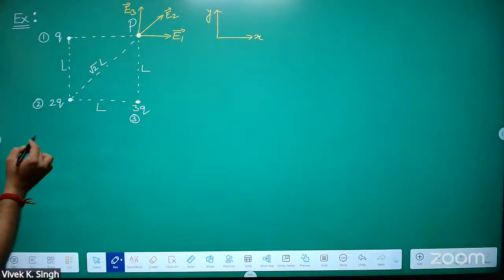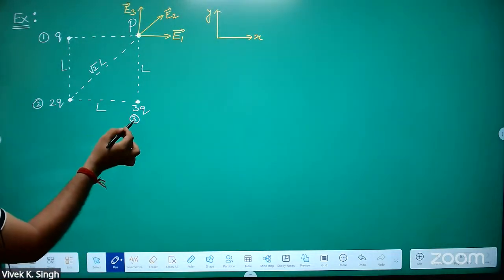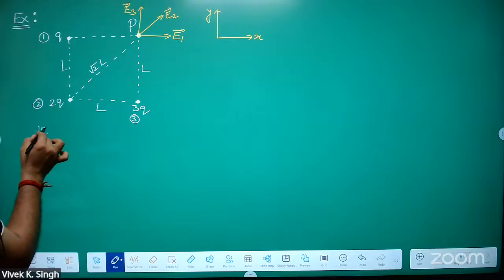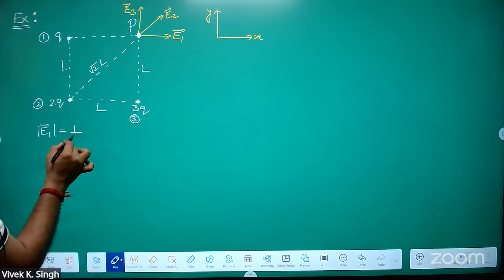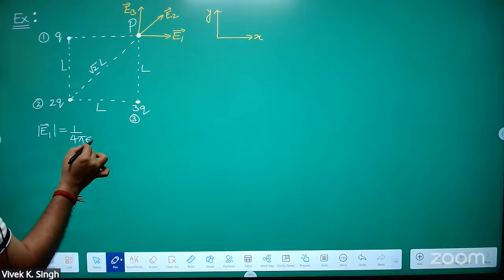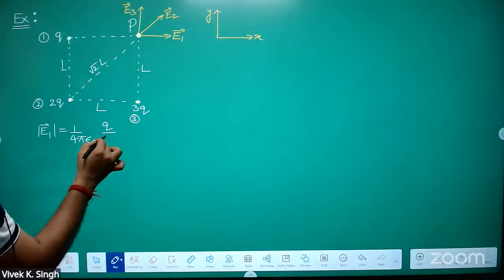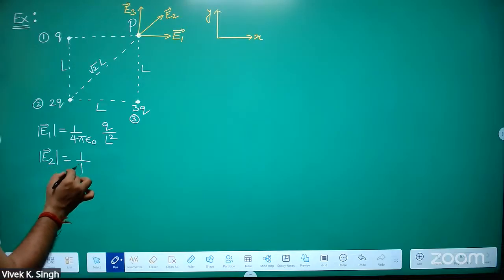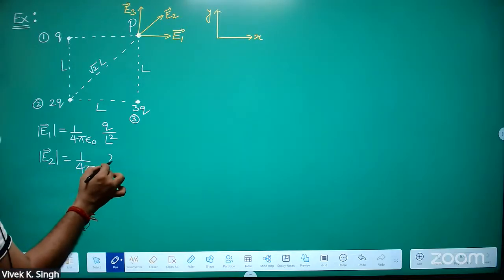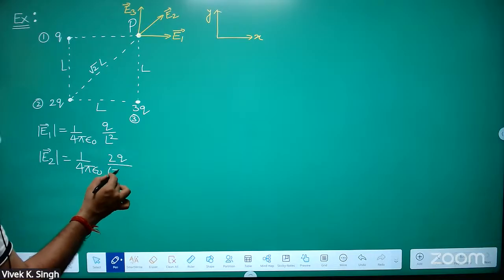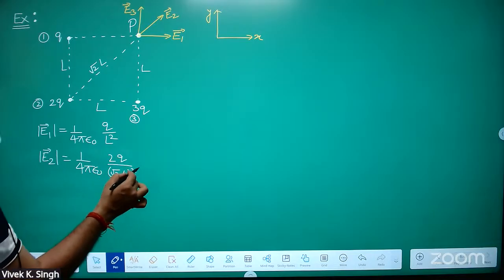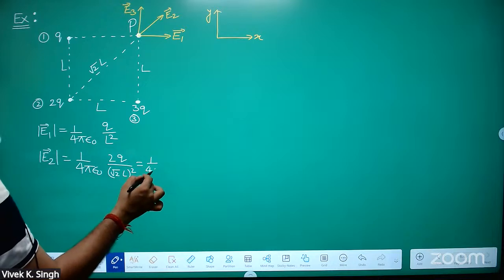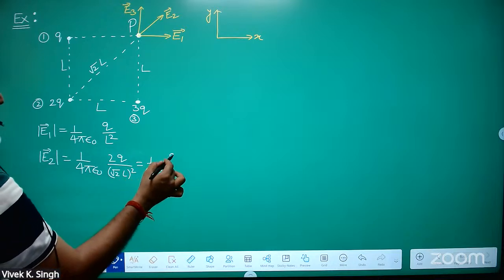What will be the magnitude of E1 and E3? The magnitude of E1 is 1 by 4 pi epsilon naught Q by L square. The magnitude of E2 is 1 by 4 pi epsilon naught 2Q by (under root 2 L) square, which is 1 by 4 pi epsilon naught Q by L square.